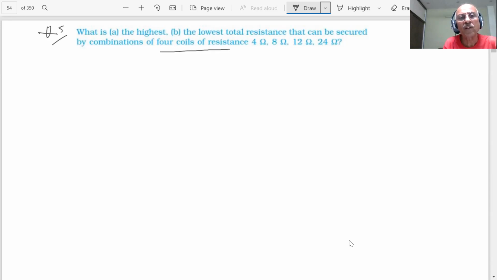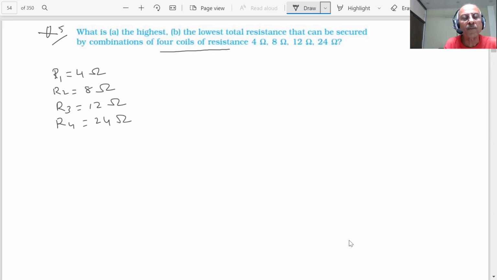There are 4 coils. Resistance of the coil 1, R1 is 4 ohm, students. R2 is 8 ohm, students. R3 is 12 ohms. And R4 is 24 ohms.